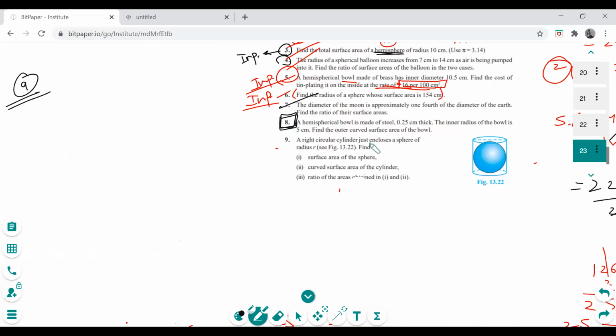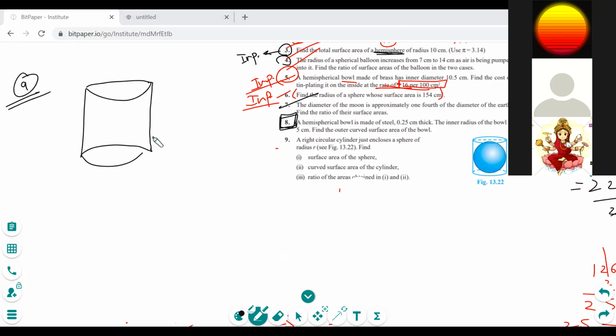A right circular cylinder just encloses a sphere of radius r. Listen to it very carefully while I'm solving this one. There is a cylinder, and what we did is putting a sphere inside it.